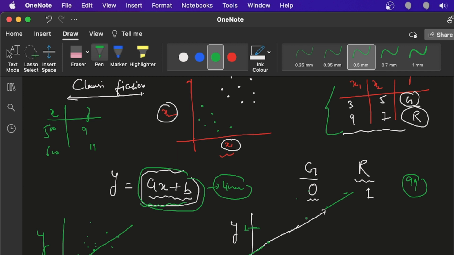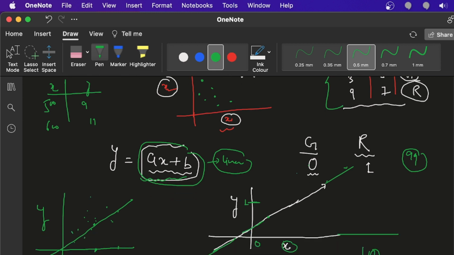So guys, are you understanding what I am talking about? Please tell me, are you able to understand what is happening at this point? Okay, good.